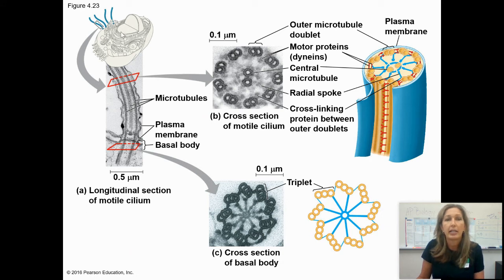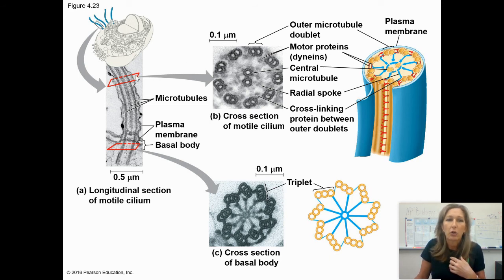If we talk about cilia or flagella that need to move, the difference between cilia versus flagella: flagella, usually there's just one long single flagellum that's for motility. Cilia are usually very numerous, but these are extensions from the cell that actually move in order to create movement.